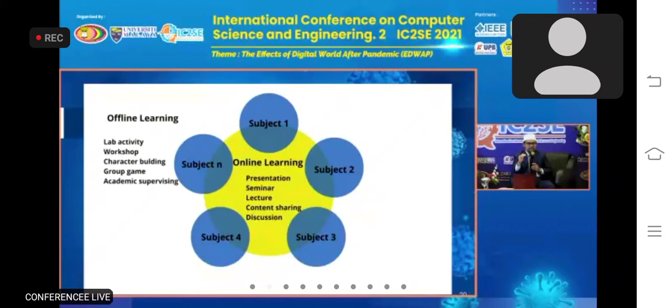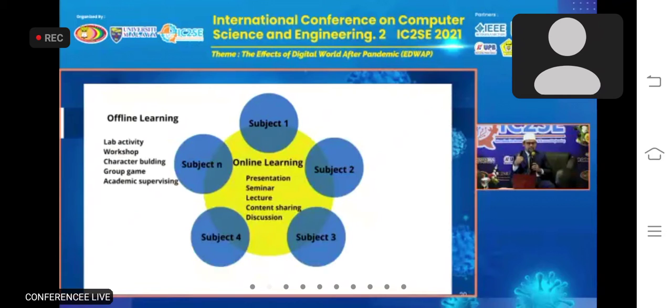Meanwhile, activities like lab activity or practicum, workshop, character building, group game, and academic supervising are in the area of offline learning. It means that these activities cannot be done online.